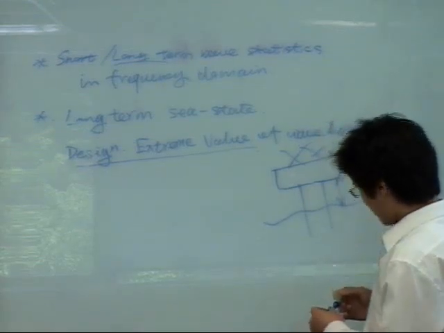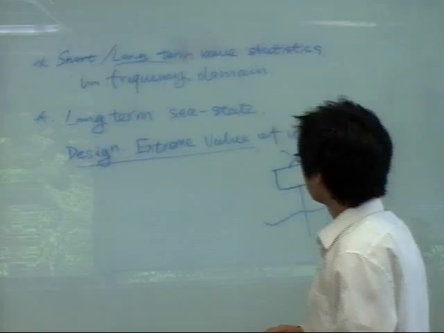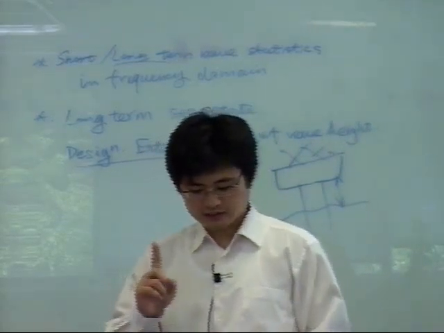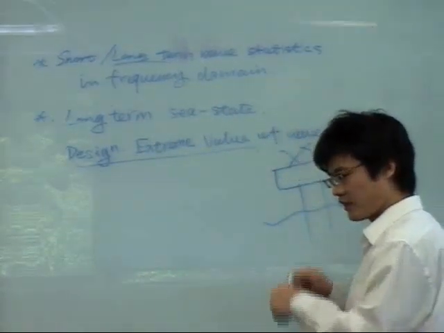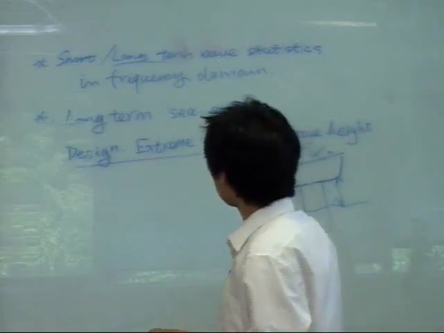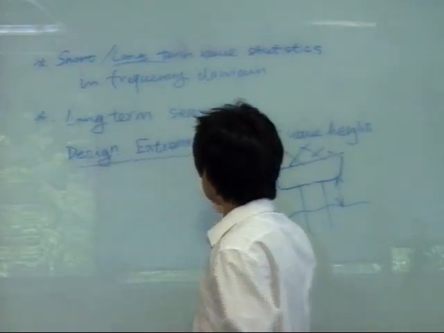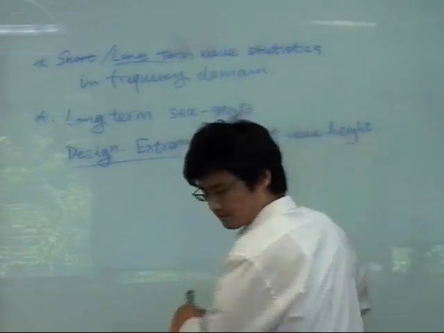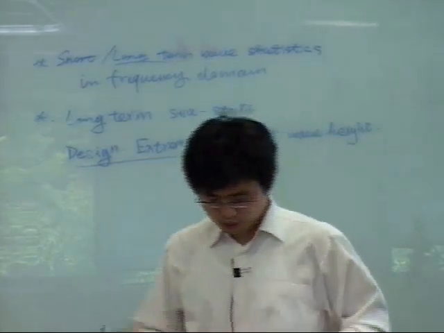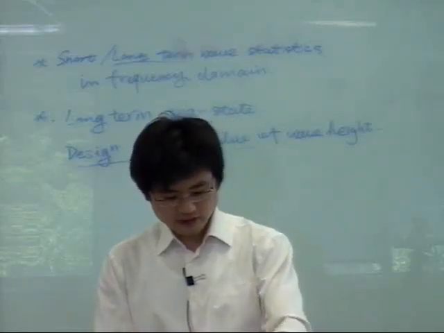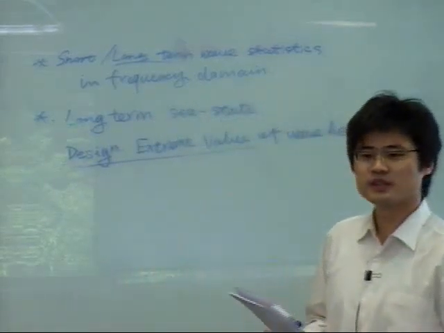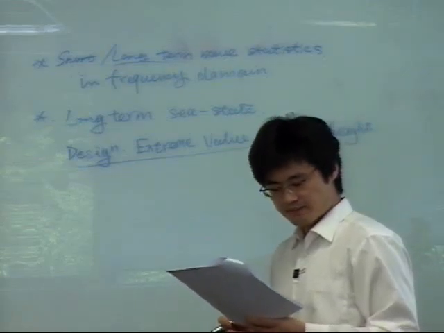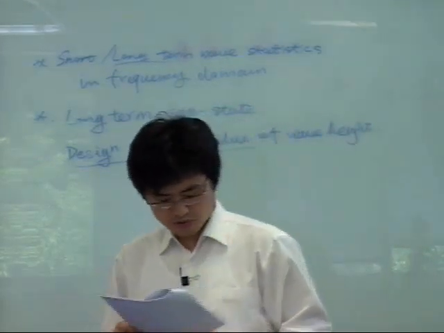So in order to do this, I want to know the largest waves that are going to show up in this area. That's called the design extreme value. So how do we figure that out? We use the so-called Rayleigh distribution that I just introduced to you.